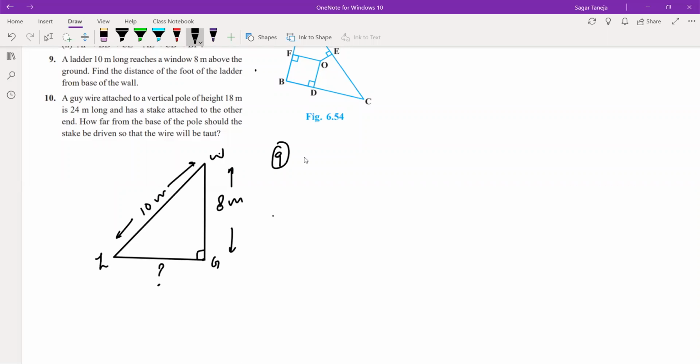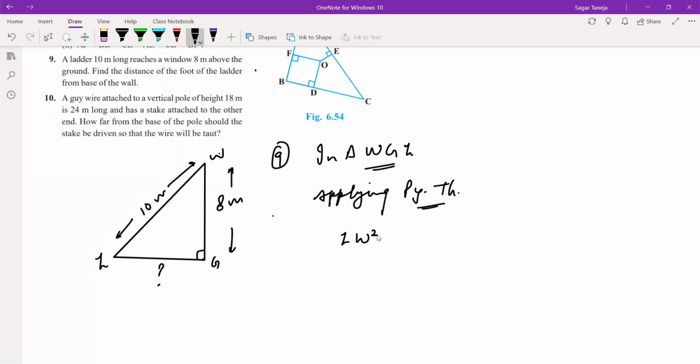So ninth question, in triangle WGL, applying Pythagoras theorem. So that will be LW square is equals to LG square plus WG square, where LW is 10, LG we don't know, plus WG, which we have 8.